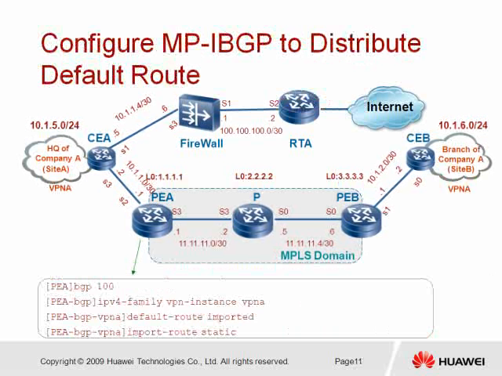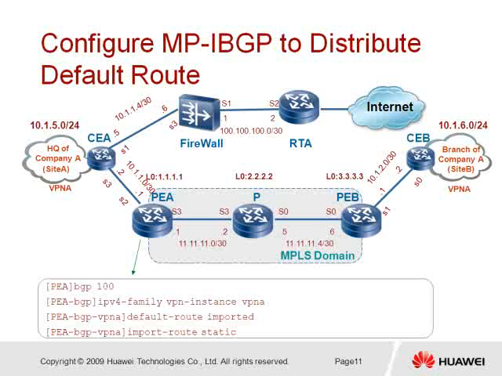In order to distribute the static default route on PEA to PEB, we need to configure MP-BGP between PEA and PEB. Now let's see the configuration of MP-BGP. Entering the BGP view, use the command bgp 100 to enable BGP on PEA, and then use the command ipv4-family vpn-instance VPN-A to enter the BGP VPN instance view.